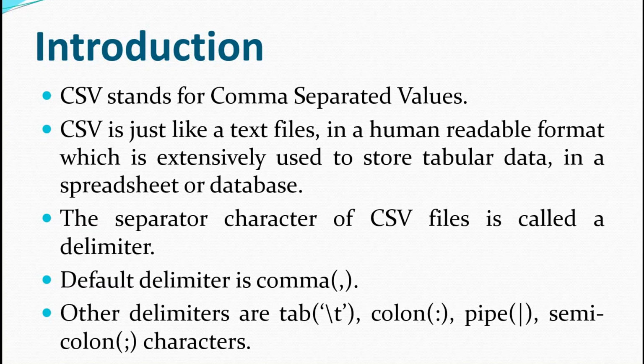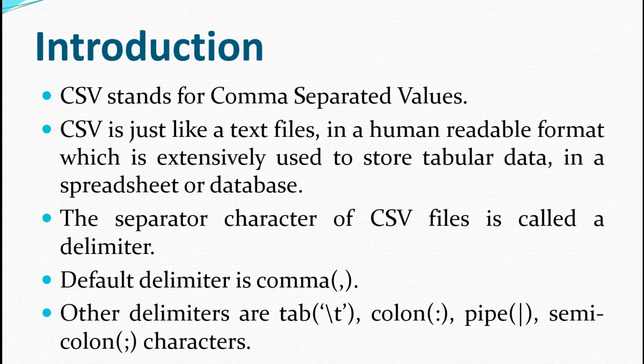When rows and columns intersect, they generate cells. So in each cell we store one value. A CSV file is just like a text file, meaning it is very simple to read and very simple to understand, because here we use the text file concept.